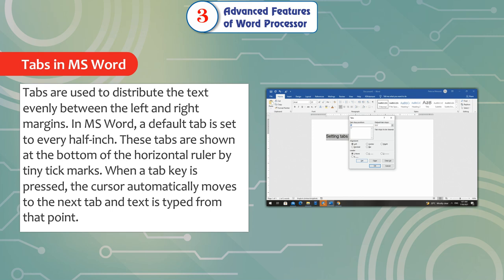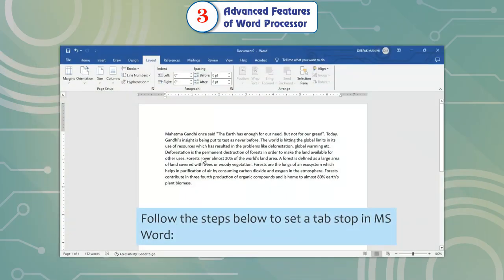In MS Word, a default tab is set to every half inch. These tabs are shown at the bottom of the horizontal ruler by tiny tick marks. When a tab key is pressed, the cursor automatically moves to the next tab and text is typed from that point.